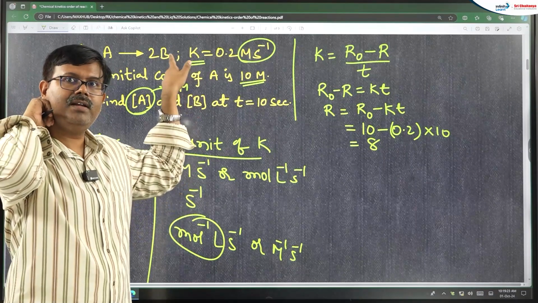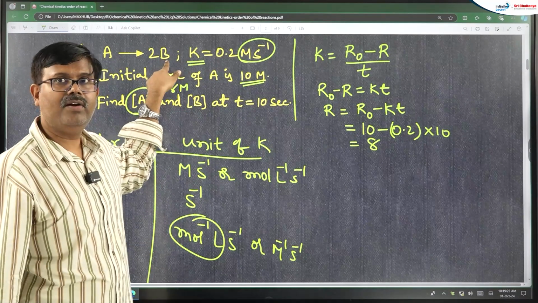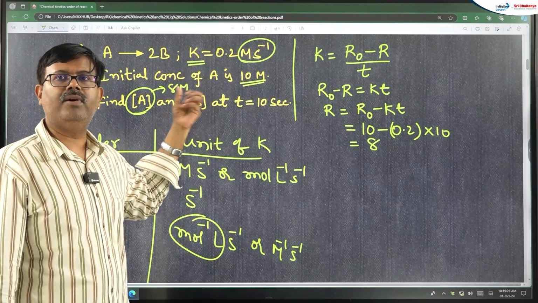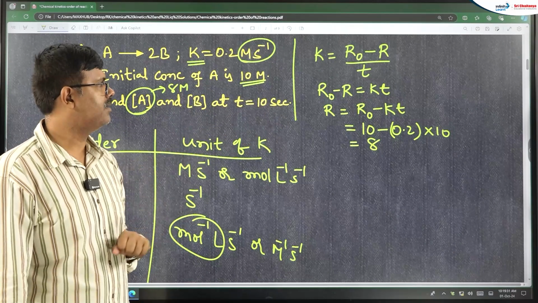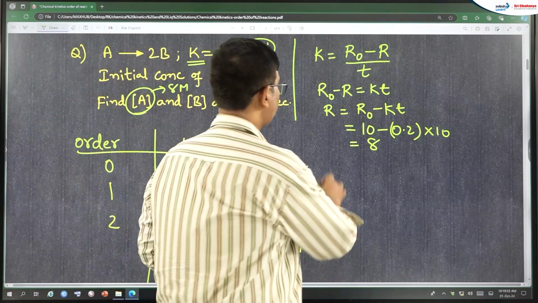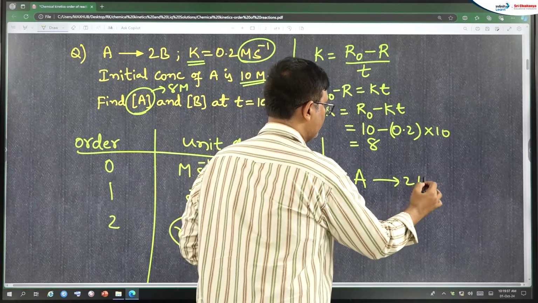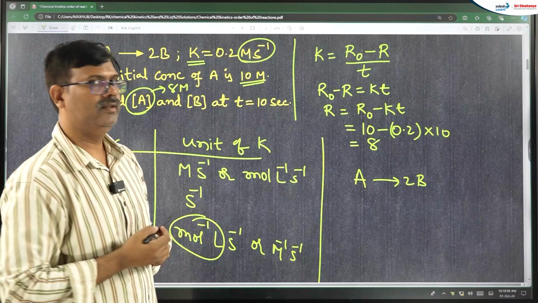What does B mean here? If you see the reaction, it is not the reactant, it is the product. They are asking the product value also at time 10 seconds. Now, we know A gives 2B. That is the reaction.